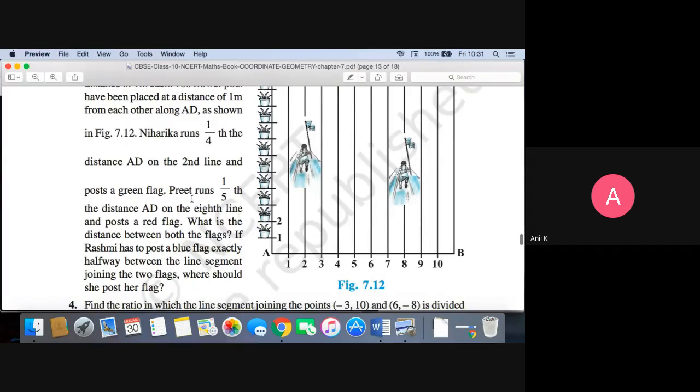Next, there is a second student, Preet, who runs one fifth of the distance of AD on the eighth line. Can you give me the coordinates of Preet on the eighth line?